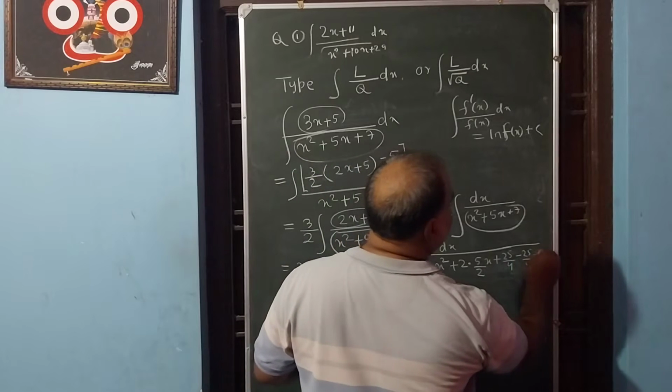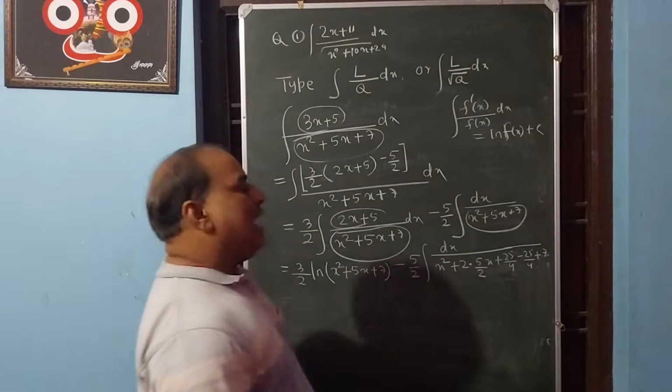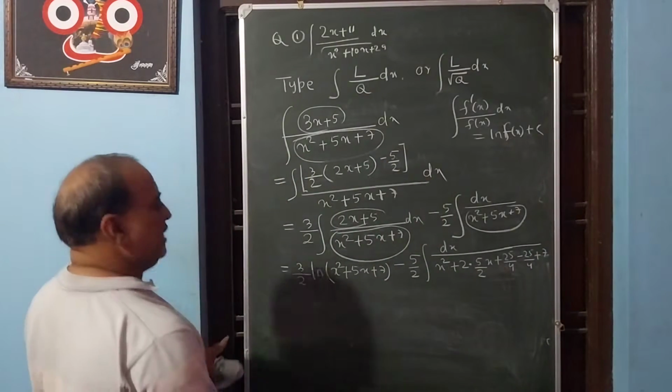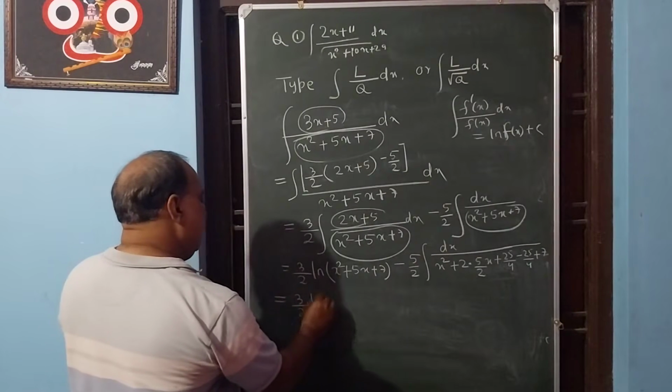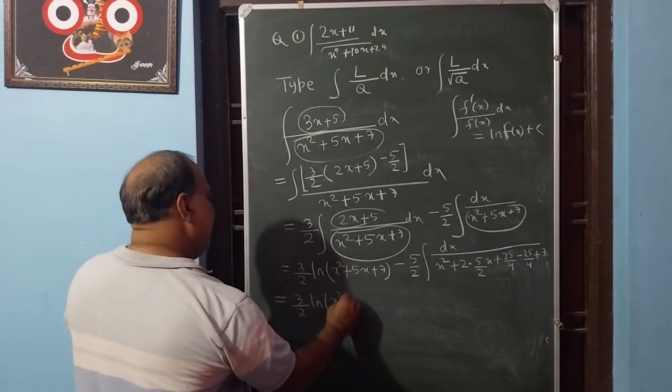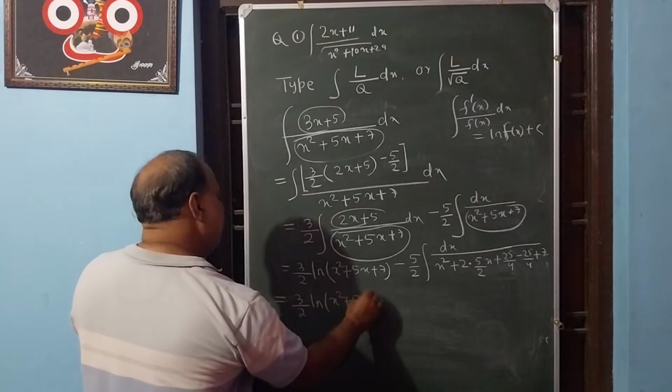Then here it is 7. Adding and subtracting, so we get 3 by 2 ln x square plus 5x plus 7.